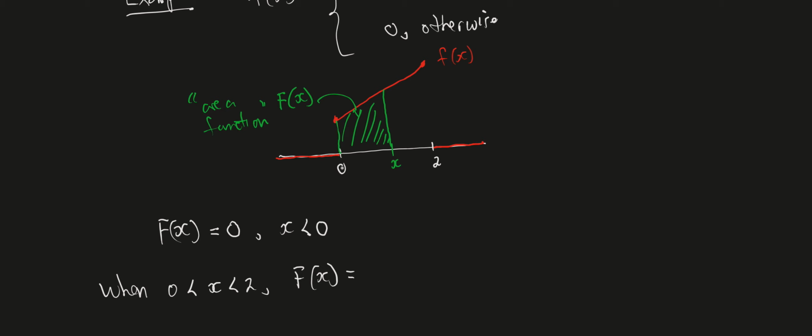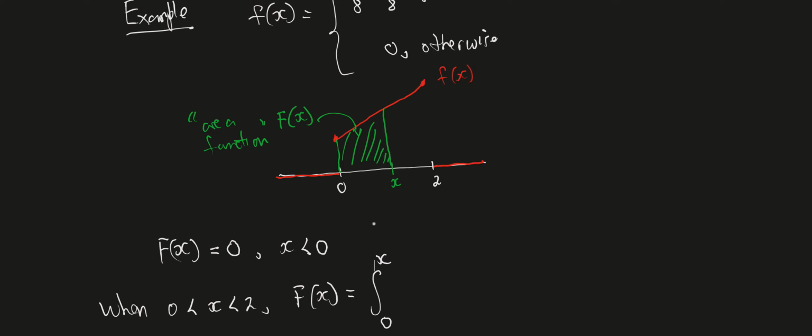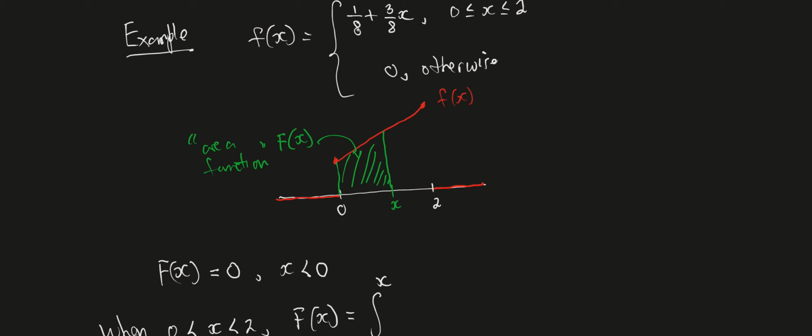But once I go from 0 to x, then I'll do my integral. Remember, the PDF is this function, 1/8 plus 3/8 x. But I'm not going to have my integral with respect to x and have x as the upper limit. Conceptually, that doesn't make any sense. So that's why we switch and we write it as 1/8 plus 3/8 t.